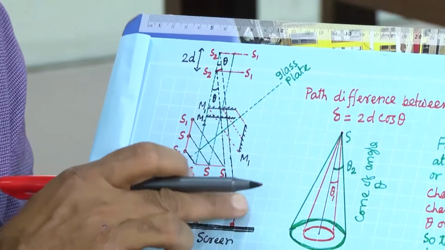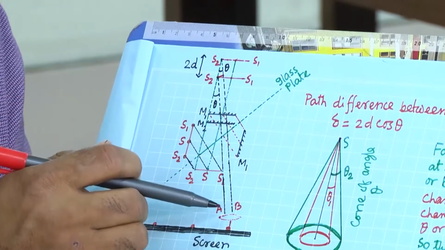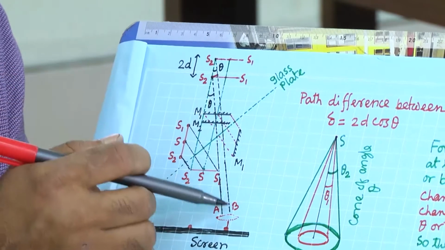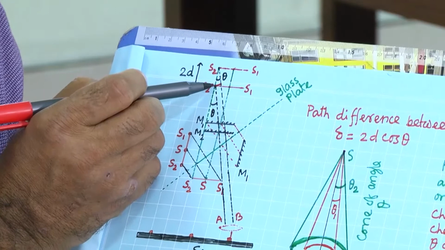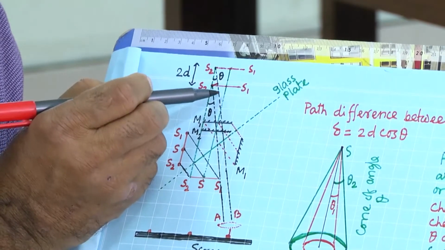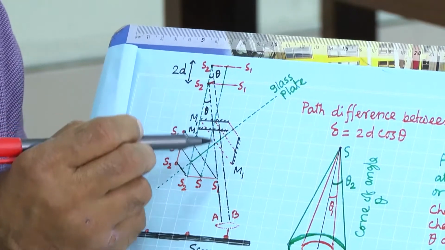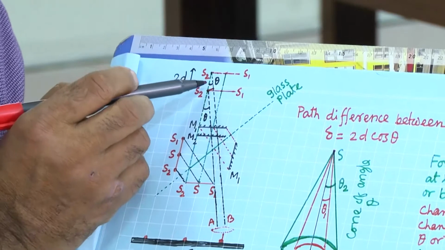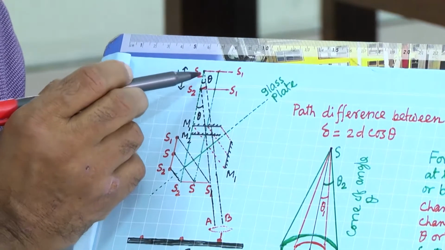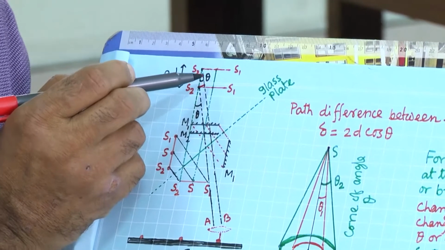Now, these two rays will interfere. What is the path difference between these two rays? If you take a normal from this point onto this ray, this will be the extra path. If this is theta, this extra path will involve cos theta.